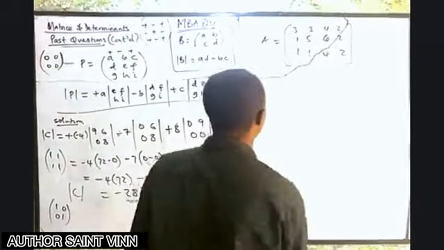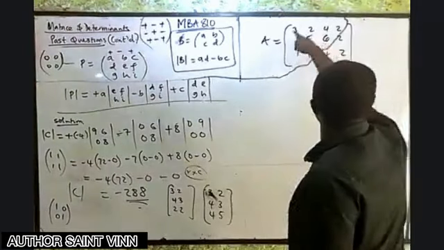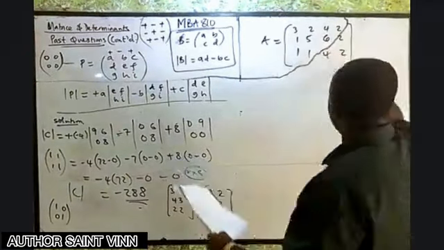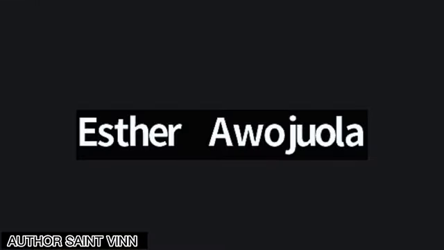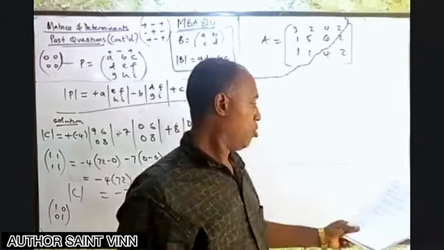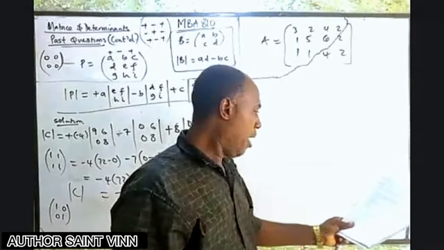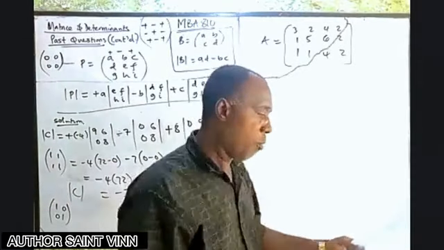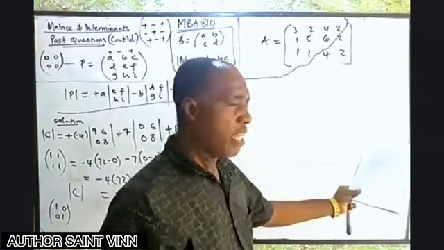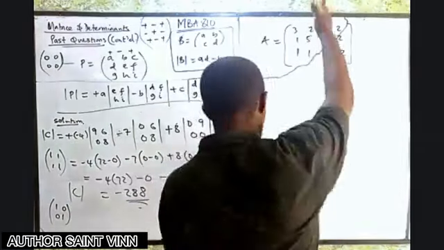It's also a submatrix, like a subset. So A is a submatrix, B is a submatrix, and C is also a submatrix.